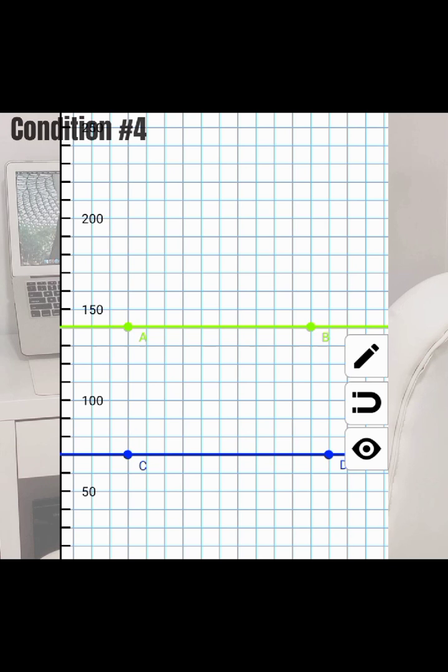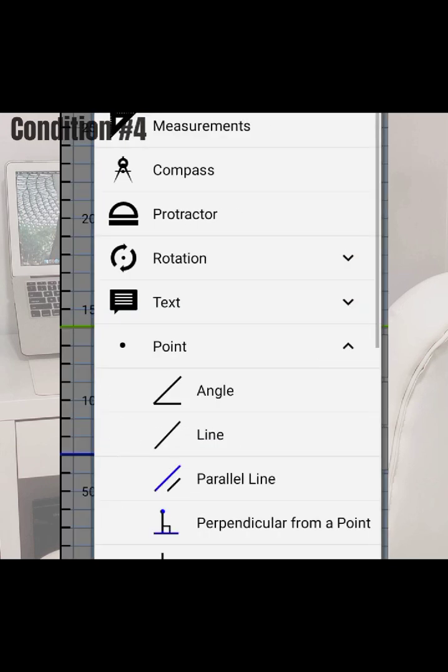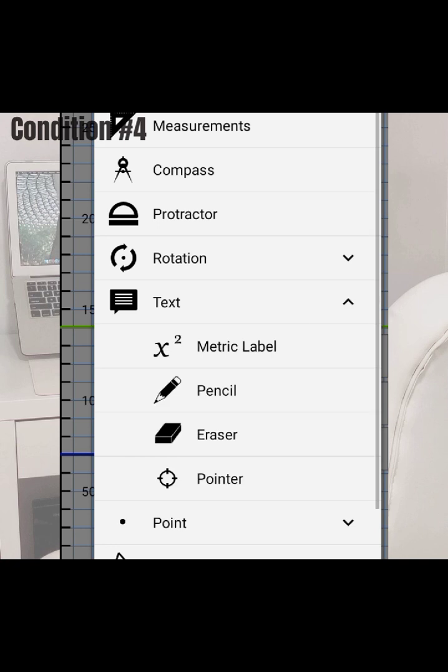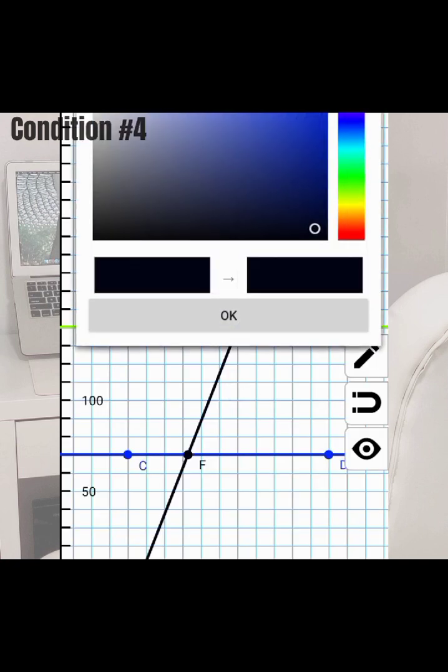For the fourth condition, we have line AB parallel to line CD and a transversal line EF. We're going to draw the interior angles.